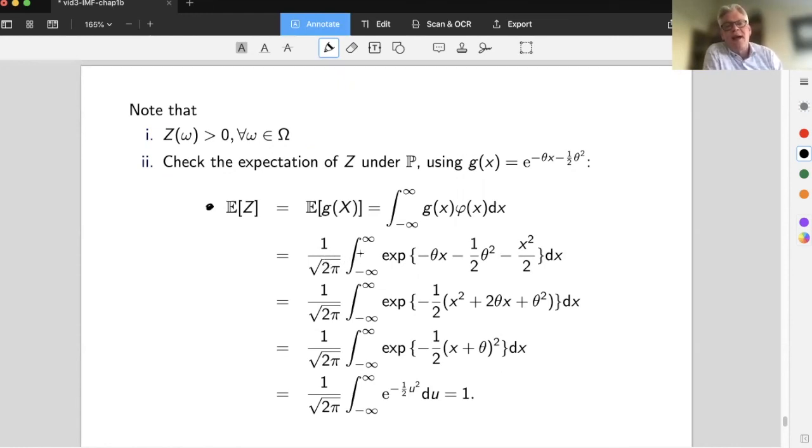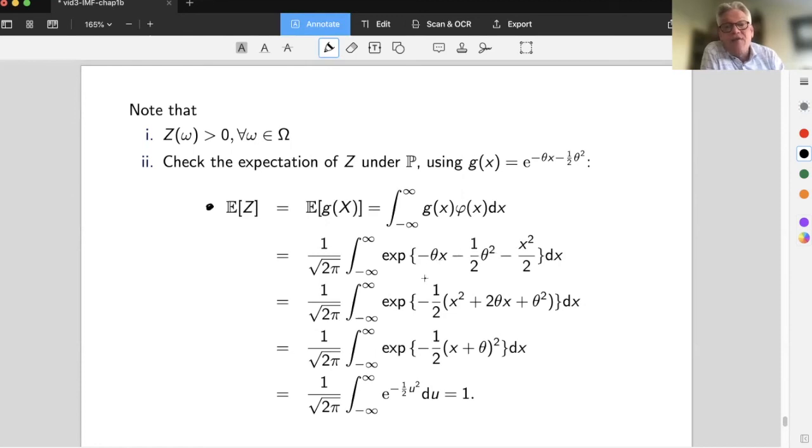The integral from minus infinity to infinity, e to the power minus theta x minus 1/2 theta squared minus x squared over 2 dx. Well, what we do now is just plain calculus, right? We take the minus sign out.